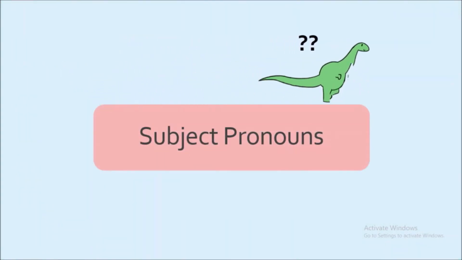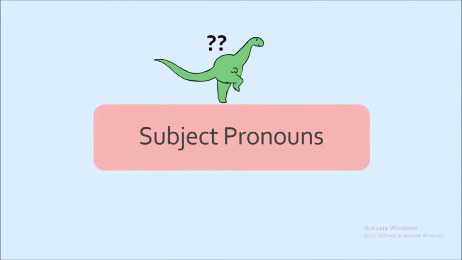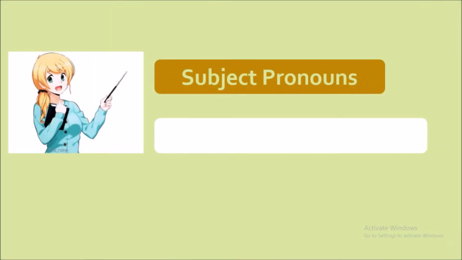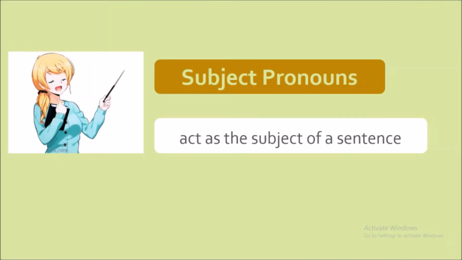What are subject pronouns? Well, subject pronouns are personal pronouns that act as the subject of a sentence. If you can find the subject of a sentence, then you can find a subject pronoun just as easily.